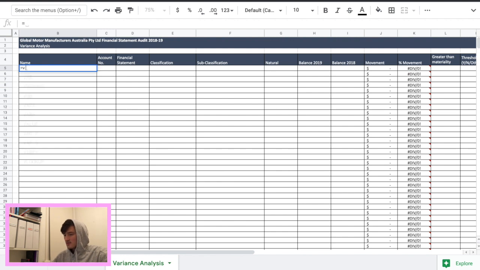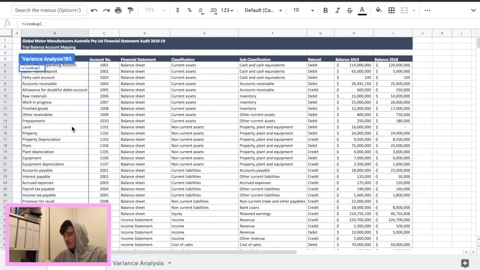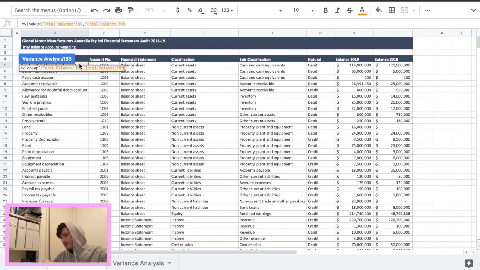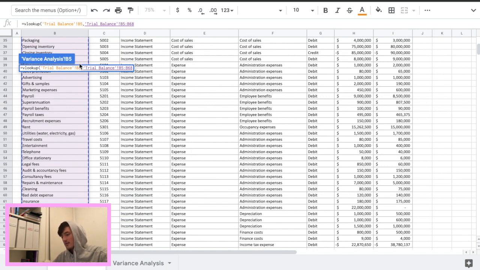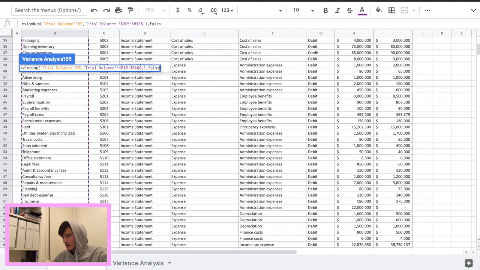So if we use VLOOKUP, we've done it before, it's pretty simple. Basically, you select a column, you select the value that you want, and then you select the column number. One and false for the exact match.